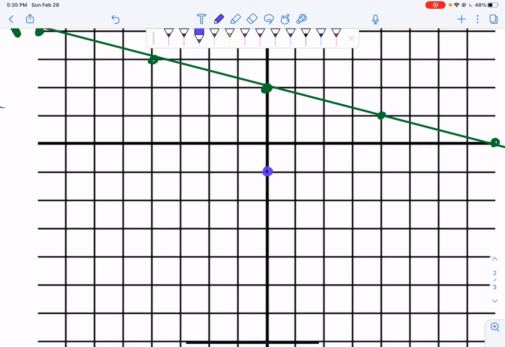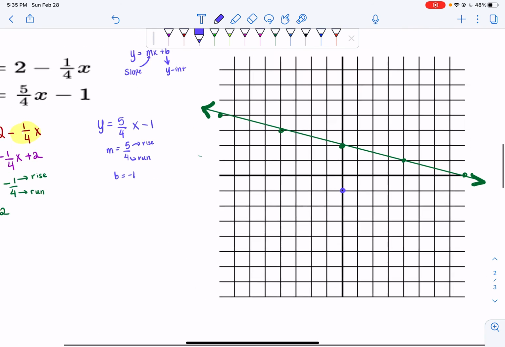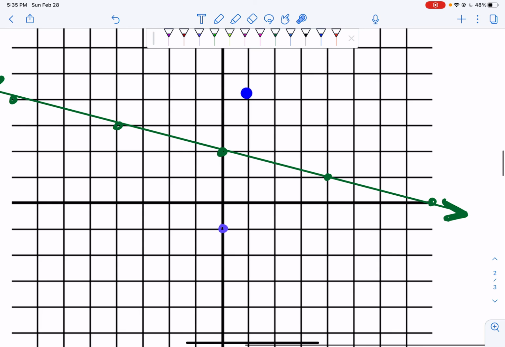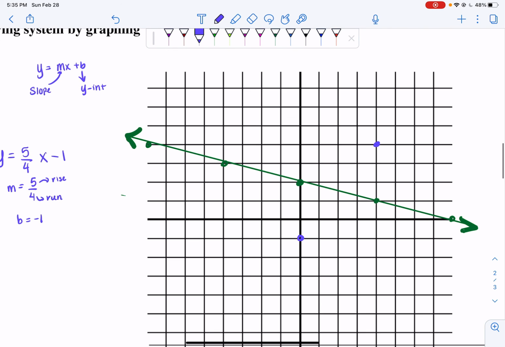And now I'm going to go up 5 over 4. So 1, 2, 3, 4, 5. 1, 2, 3, 4. Up 5. 1, 2, 3, 4.